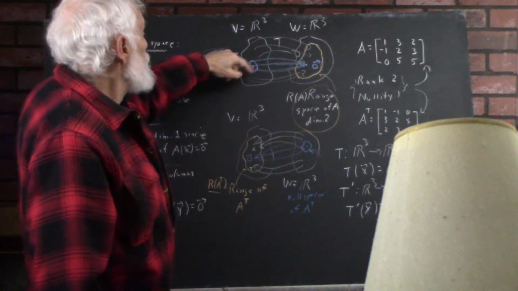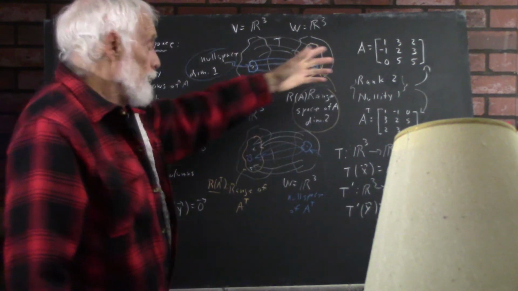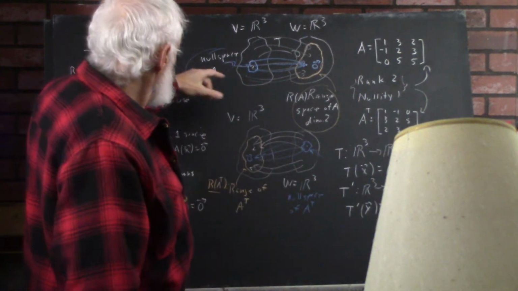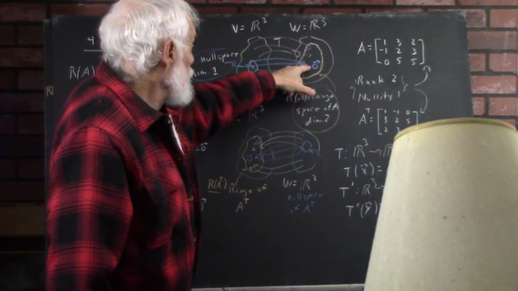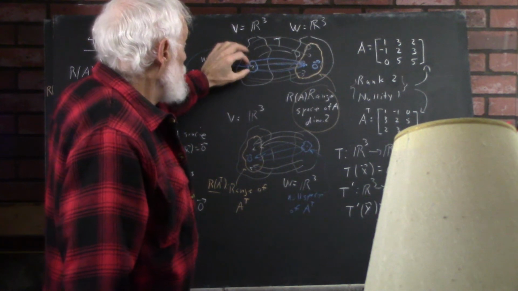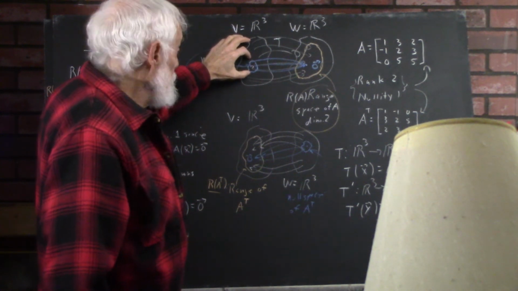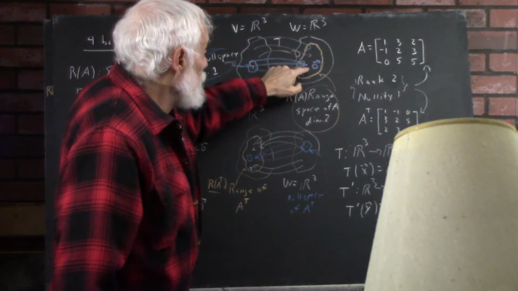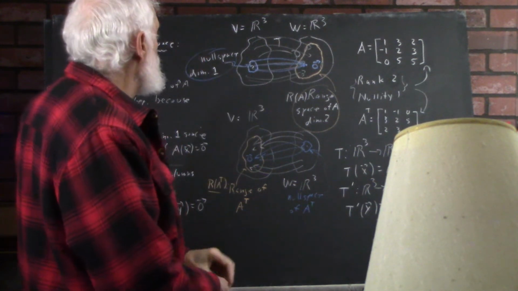So there's some subspace of dimension 1, and we can easily find that subspace that maps to the 0 vector. That's indicated by this blue blob here that maps onto the 0 vector over here.